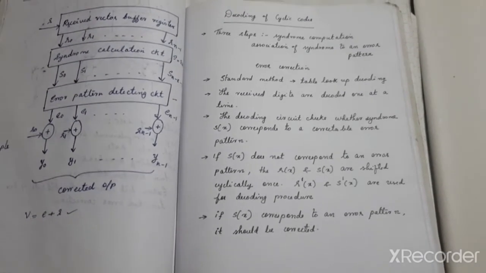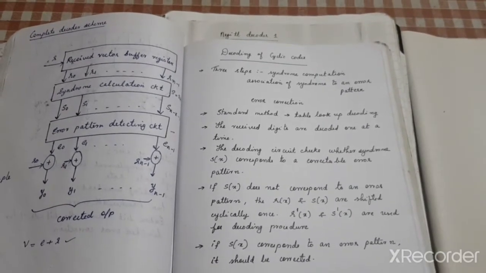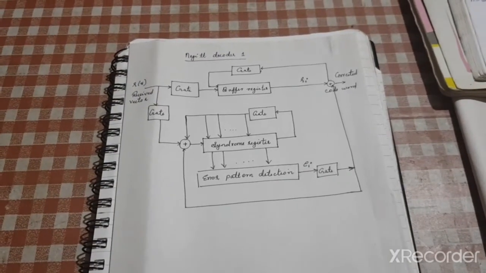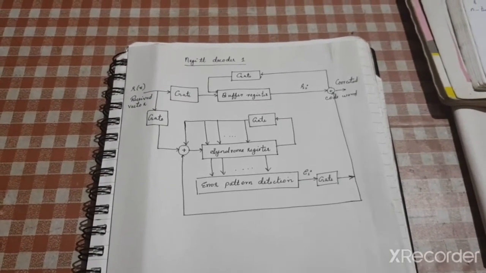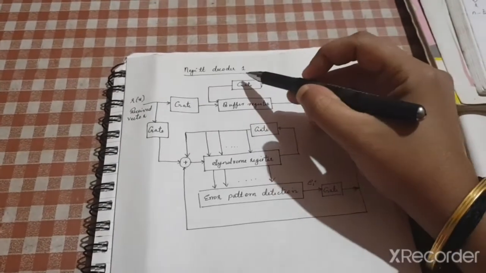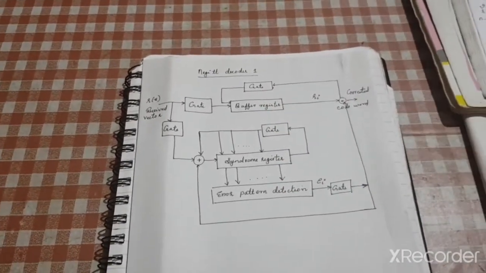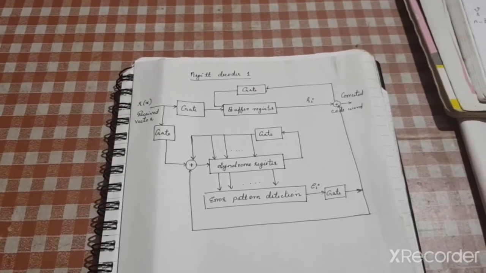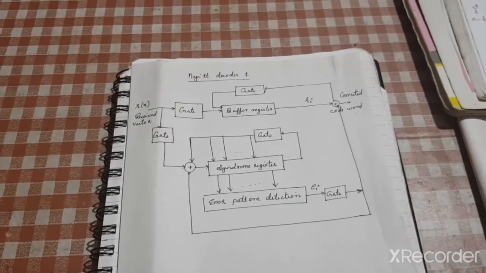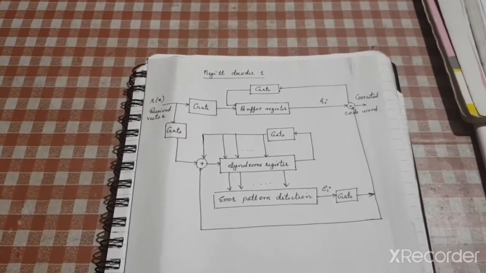And this hardware for decoding of cyclic codes, we normally refer to as the Meggitt decoder. So this is the complete hardware setup for decoding of your cyclic code. There is Meggitt decoder 1 and Meggitt decoder 2. In this video, I'll be discussing Meggitt decoder 1.